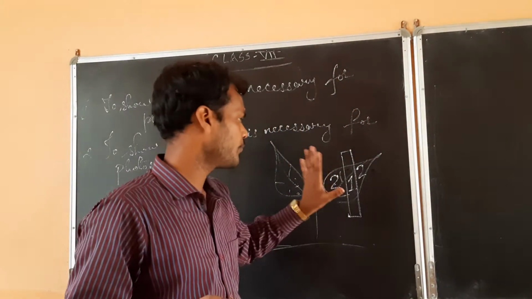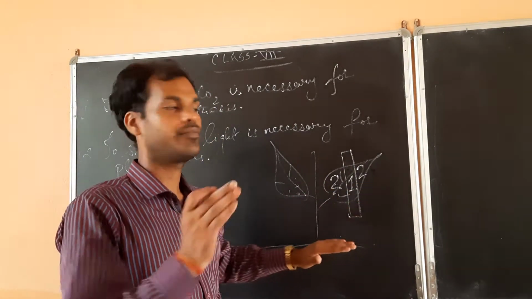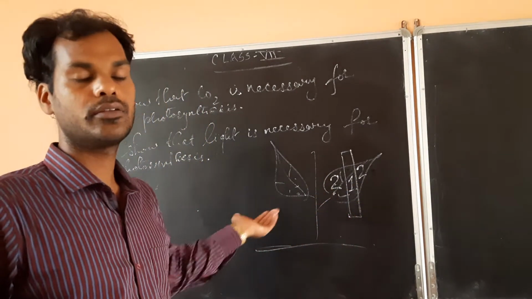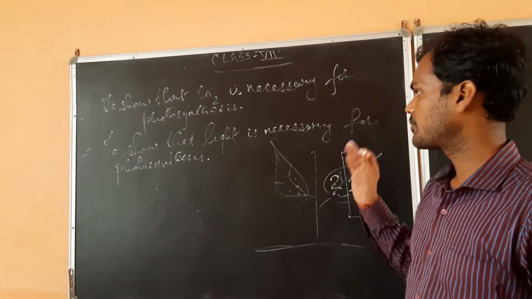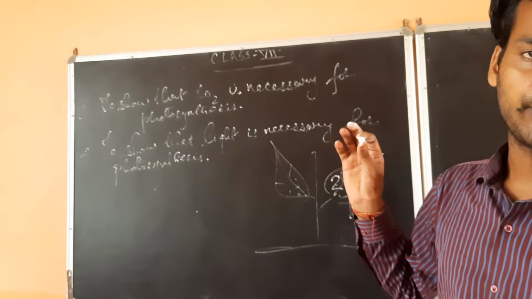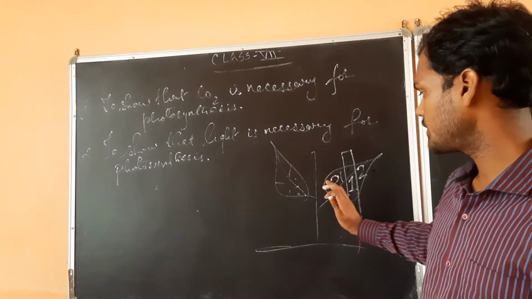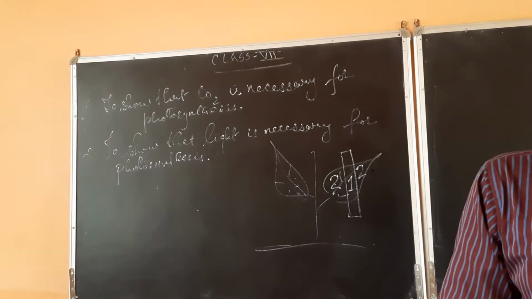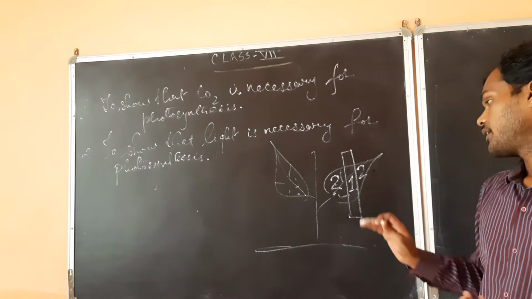There, after covering the leaf, we have to put the setup in sunlight. So once we put the setup in sunlight, after 4 to 5 hours, we have to again test this particular leaf for the starch. Okay.